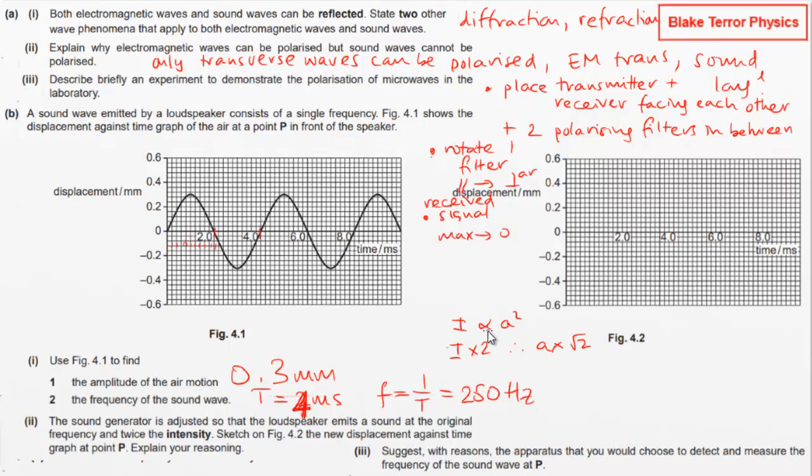So we need to increase the amplitude. We had 0.3, so 0.3 times, say, 1.4 is going to be equal to 0.42.